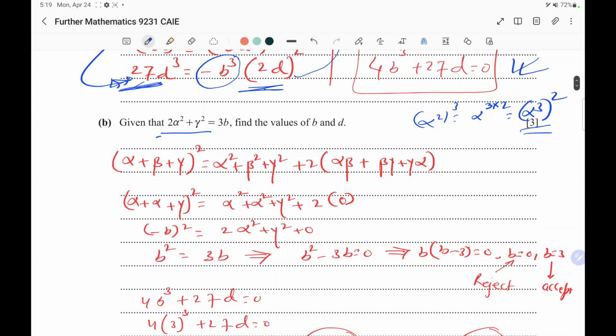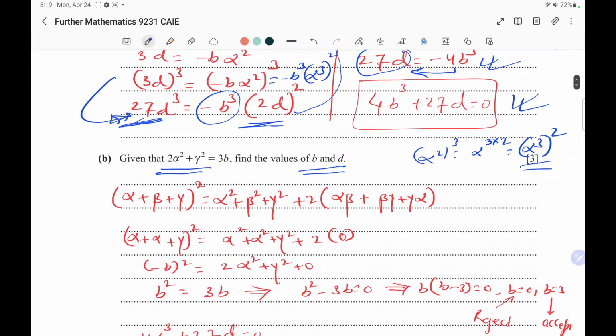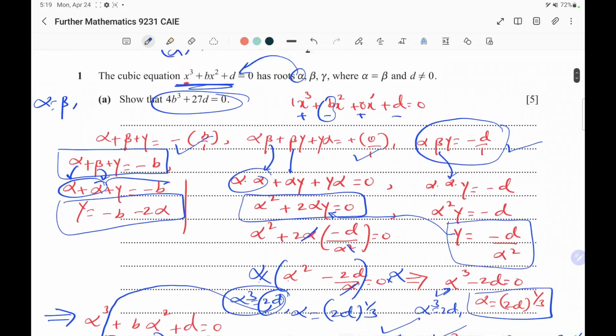Now given that 2 alpha square plus gamma square equals 3b, find the values of b and d. Now we know that alpha plus beta plus gamma whole square, if you expand, you will get alpha square plus beta square plus gamma square plus 2 times alpha beta plus beta gamma plus gamma alpha, which was 0 in the beginning.